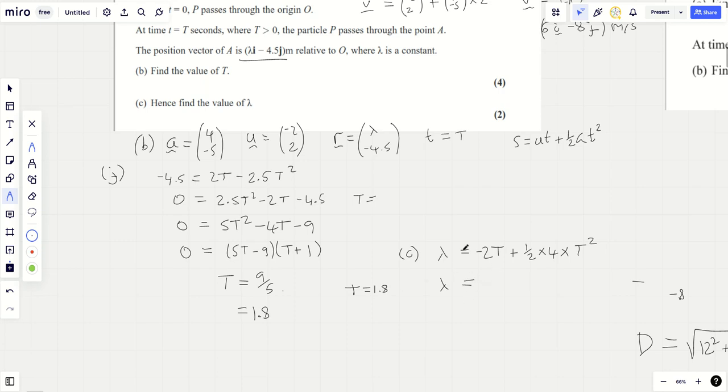And so let's just plug it in. So I'm going to press 1.8 enter on my calculator, and then I can just press minus 2 times answer plus 2 times answer squared. Okay, and I'm getting 2.88 actually, which doesn't sound that nice an answer, but that's the answer.